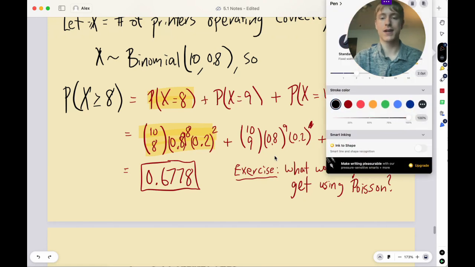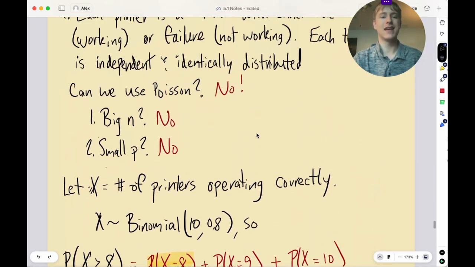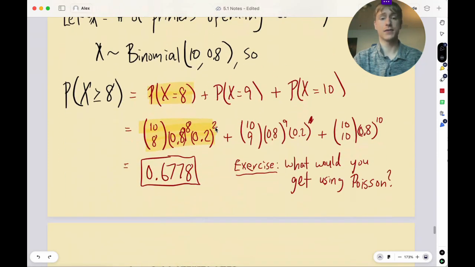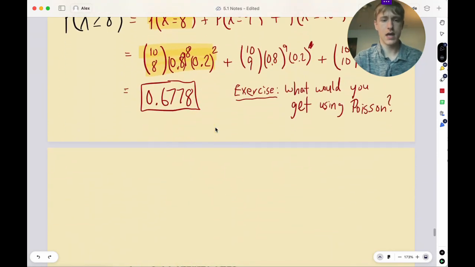You'll notice part B was kind of written for part A because it says, find the probability that at least 8 of the printers operate correctly, which we've done, but this time for 6 consecutive months. We found out what it was for 1 month. Now we're trying to find it for 6 consecutive months. This isn't actually that bad.